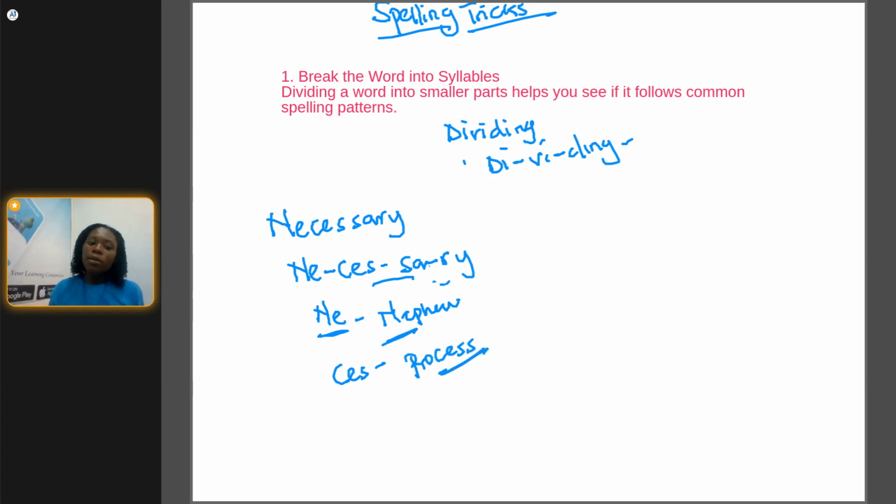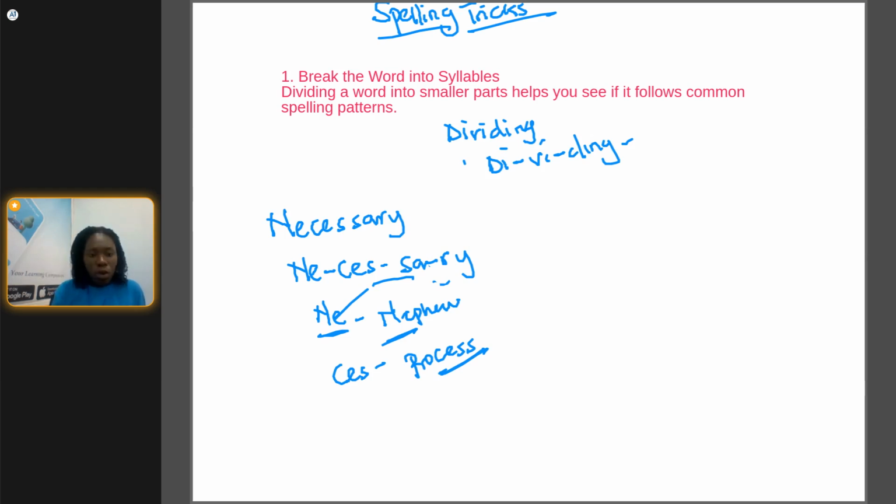You're looking for a common pattern after breaking those words into syllables. Now that we've broken it into syllables, we have this. NE, very common. You have it in words like nephew. CES or CESS, common also because we have it in process.